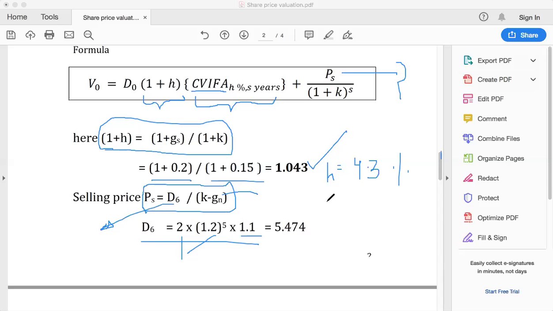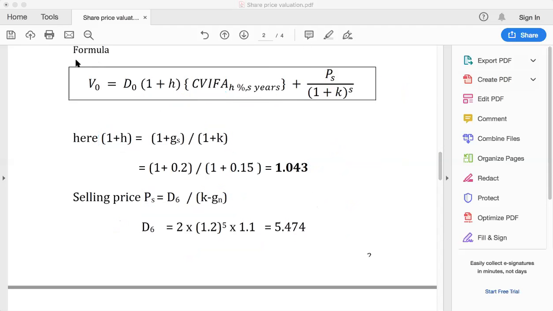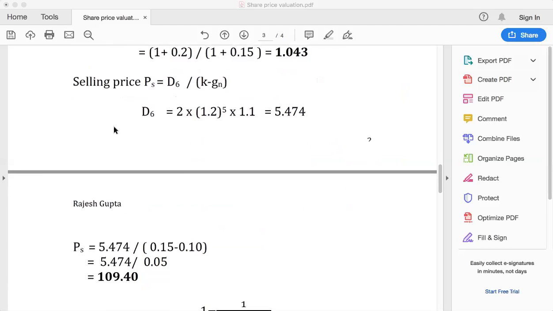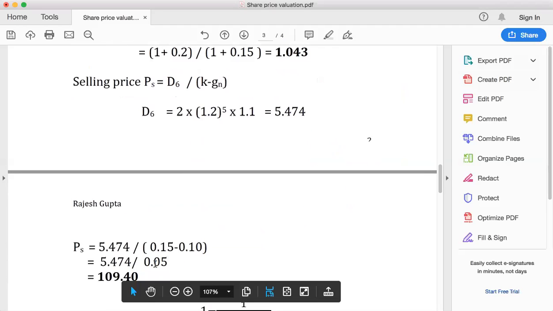So K here was 15%, and the normal growth rate GN is nothing but 10%. So this is 5%, and when you do that you arrive at a figure. Before plugging in K minus GN, you calculated the D6, which is 5.474, and in the very next step, you are going to divide it by K minus GN, which I was explaining just now.